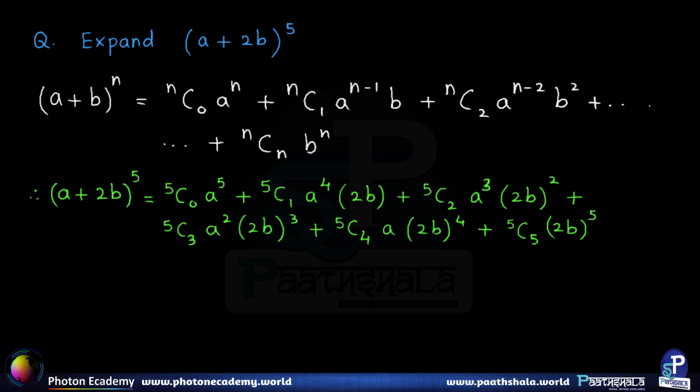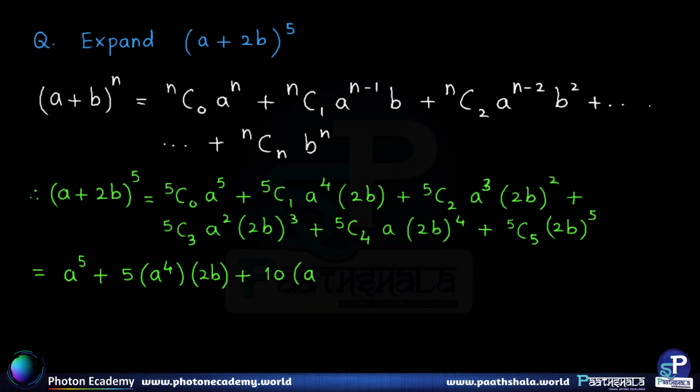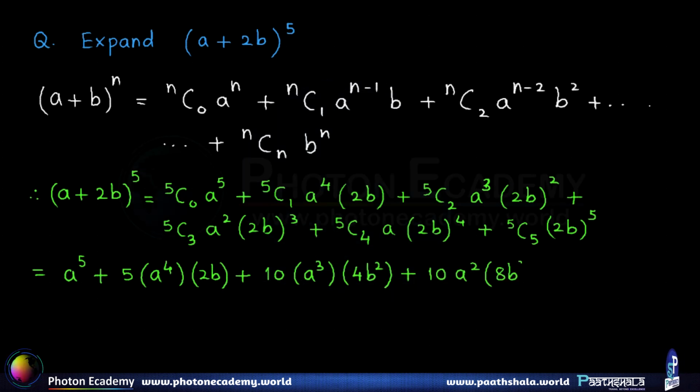So therefore that is equal to, first term is a raised to 5 because 5C0 is 1, then 5C1 is 5, so we have 5 into a raised to 4 into 2b, plus 5C2 is 10 a cube, and (2b) the whole square is nothing but 4b square, plus 5C3 is same as 5C2 because the coefficients are symmetric, so that will be still 10 a square, and (2b) the whole cube will be 8b cube, plus 5C4 is 5.